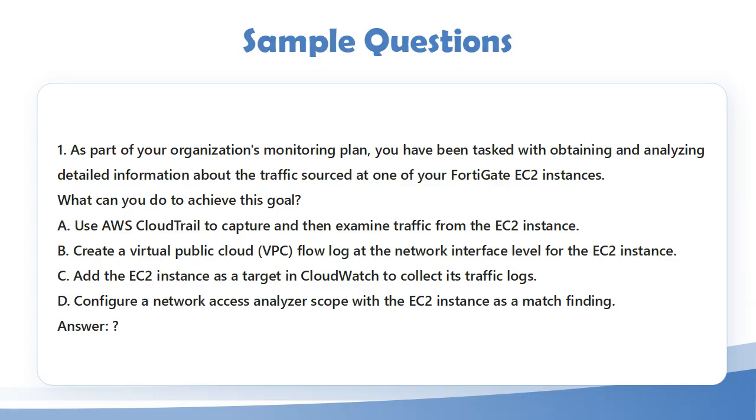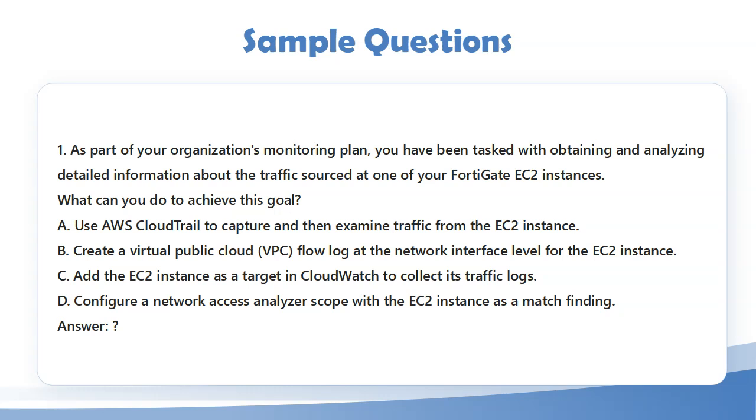1. As part of your organization's monitoring plan, you have been tasked with obtaining and analyzing detailed information about the traffic sourced at one of your FortiGate EC2 instances. What can you do to achieve this goal? A. Use AWS CloudTrail to capture and then examine traffic from the EC2 instance.